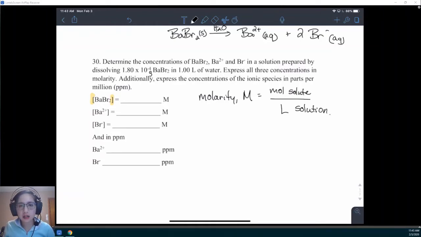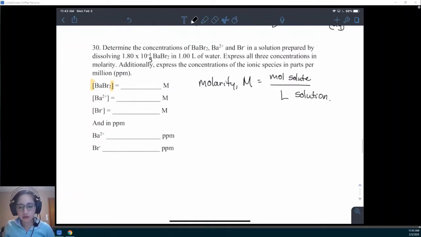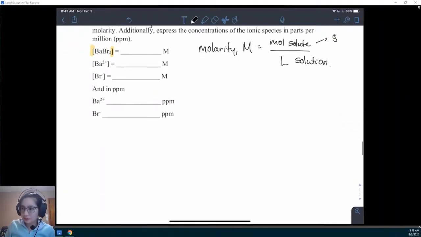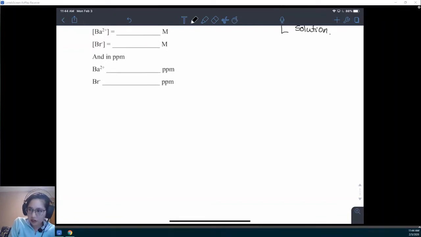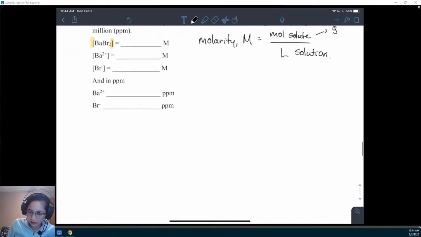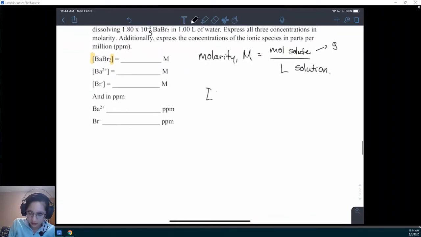everything that we need. We can get moles of solute from the grams of the barium bromide that they gave us, and it told us how much the solution is. It's 1 liter. So to get the concentration of barium bromide, that is equal to the moles of barium bromide over liters of the solution.